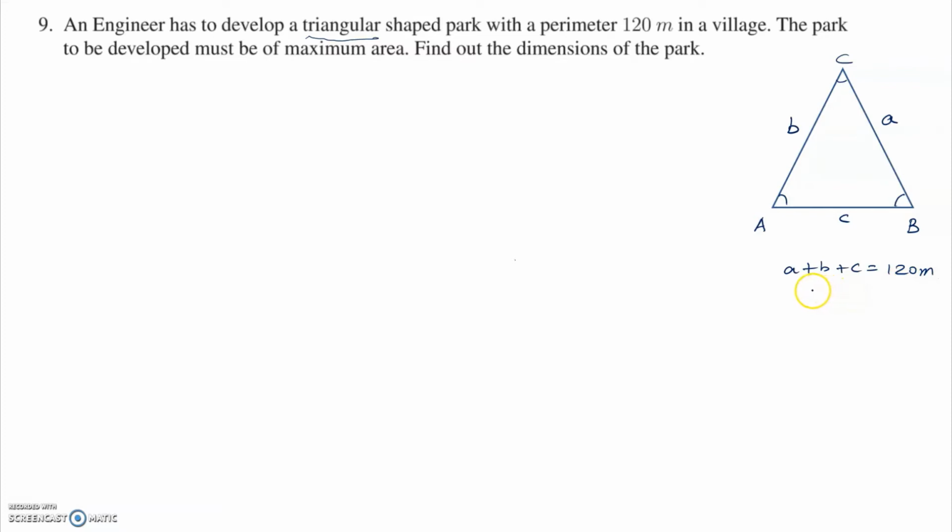Now, according to geometry, this is a very simple problem. Geometry states that if you're given the perimeter, the maximum area that you can get by designing a triangle using these dimensions is only when all the three sides are equal, which is an equilateral triangle, which means a will be equal to b, that will be equal to c.